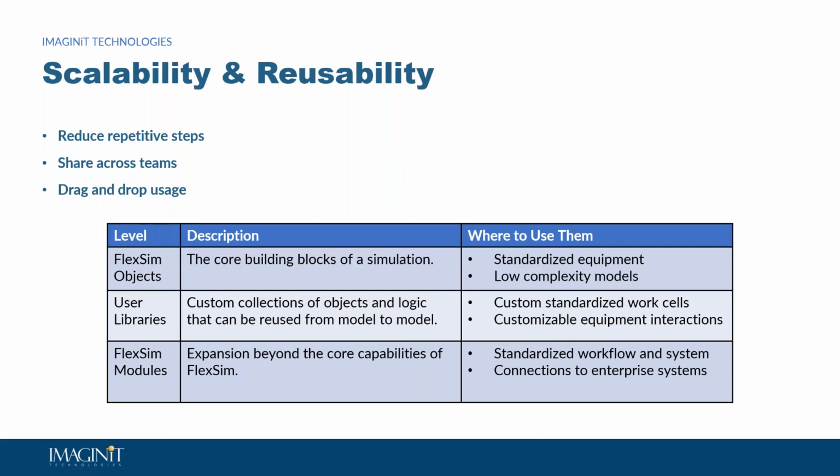Yeah, and the big thing to think about with these types of objects or things that you can build is that they are reusable across the teams, and they can save a significant amount of time.